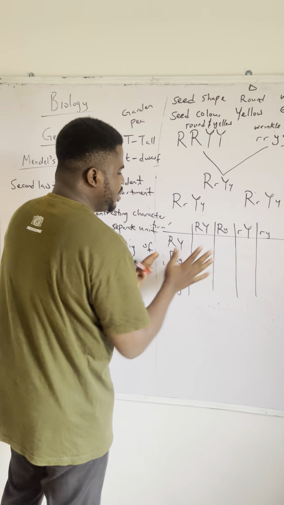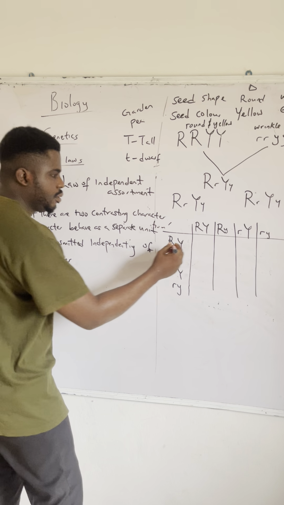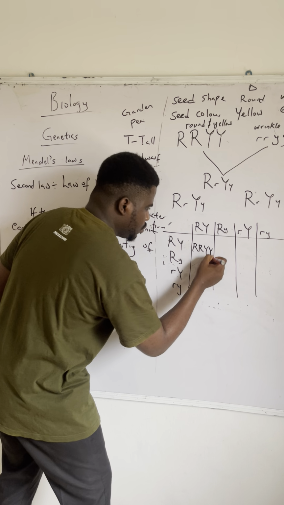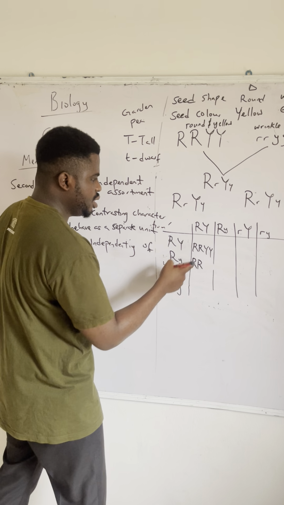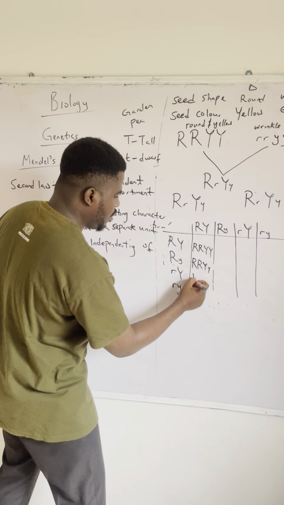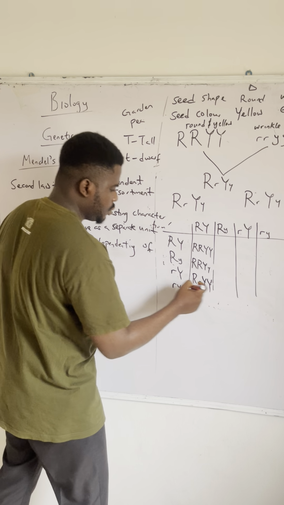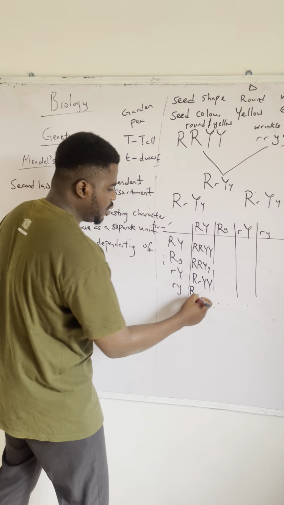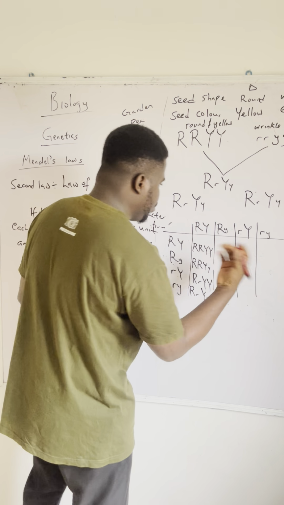So these are the gametes. They are already separated from this one and this one like this. So if this and this cross, I'll be fast now. Now we have RR, both of them are small letter, but this one is capital letter. This one is capital letter, this one is capital letter, capital letter, small letter, capital letter, small letter. These ones are round and yellow.